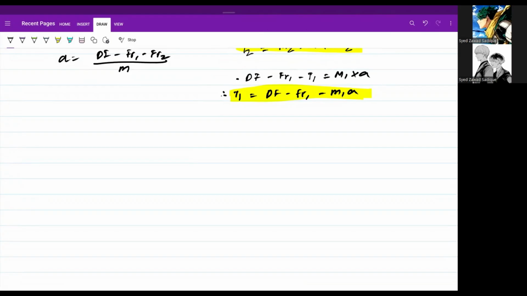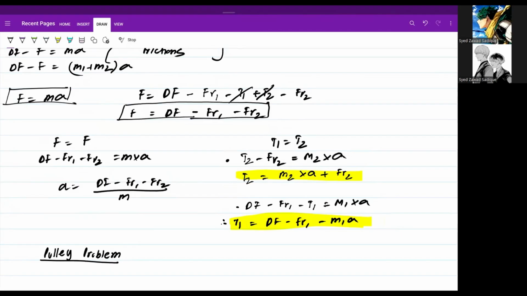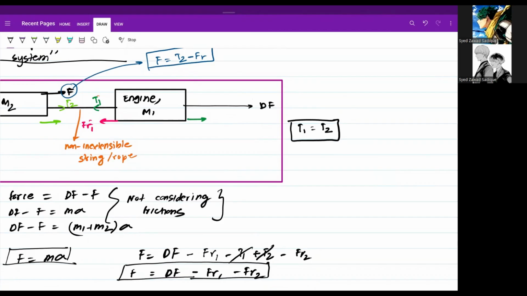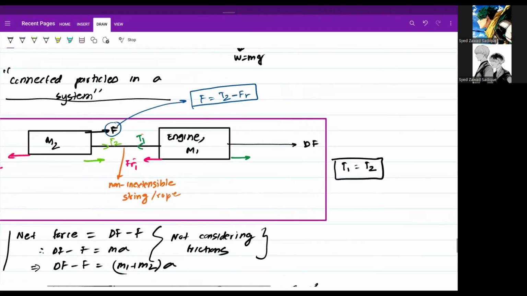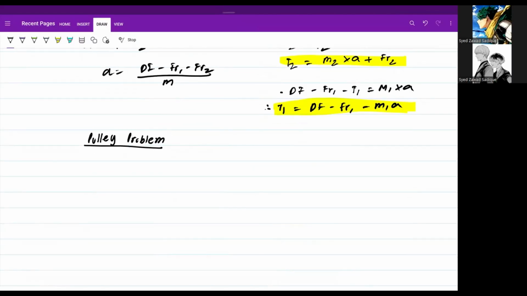There are hundreds and thousands of types of pulley questions. However, I'll show you two types. The pulley problem is literally the same as this problem, because in a pulley the particles are also in a connected system, and the tensions are also the same. But not always. You'll see what I mean.